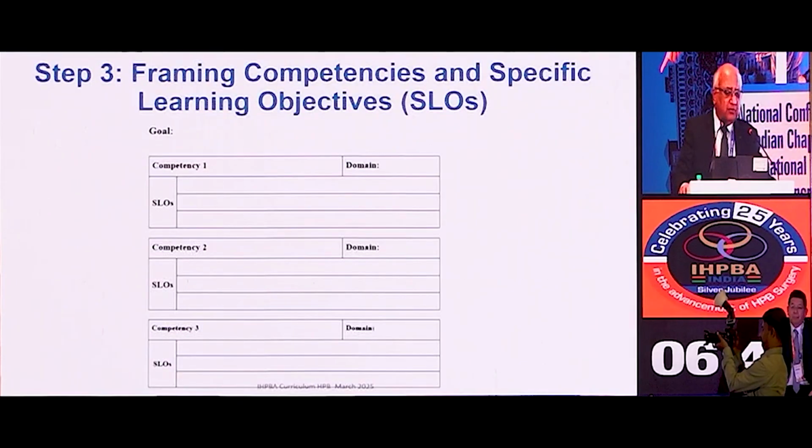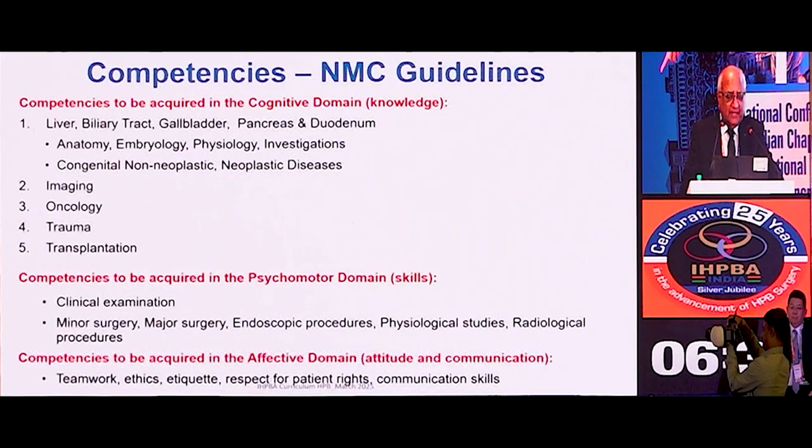So, how do we do this? What do you mean by framing competencies? So, you have to actually take the course, define the areas, have those competencies defined and then break down into specific learning objectives. Now, just to give you an example, you can see here these are the NMC guidelines. Competency should be there for these particular disorders. They have written this particular organs, imaging, oncology, trauma, transplantation.